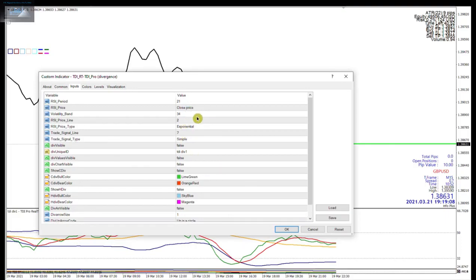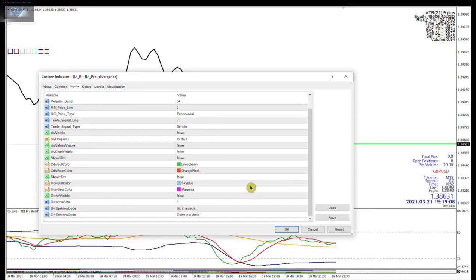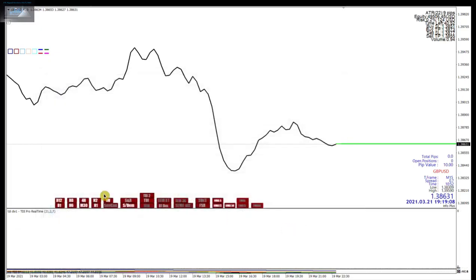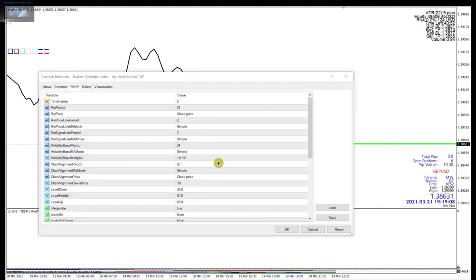On this particular TDI I'm using, it doesn't ask for deviation, but I know in the code it's there. Here it is on one particular chart I'm using.